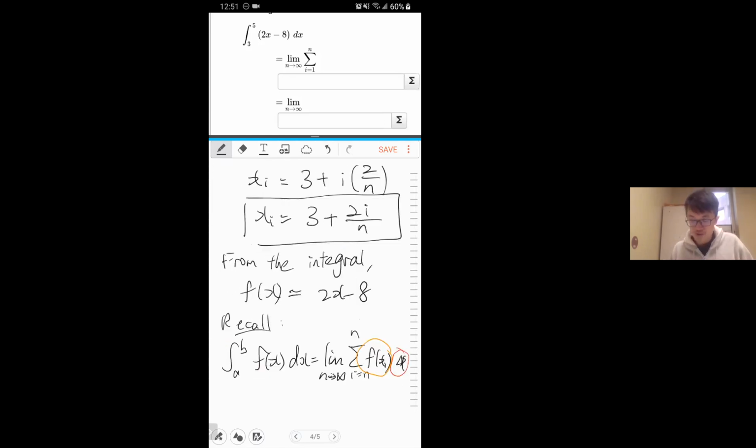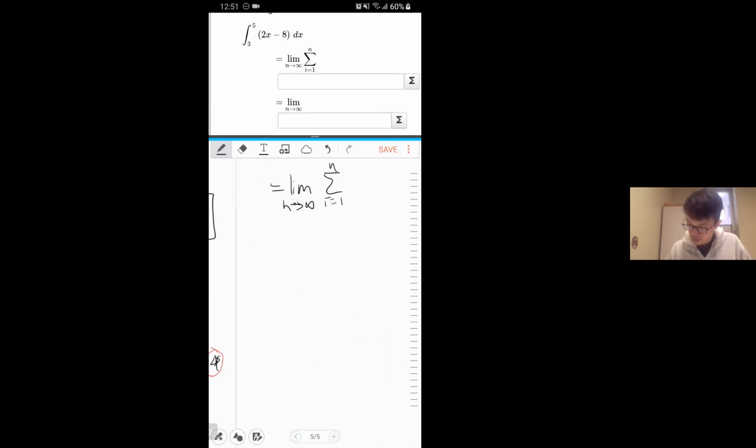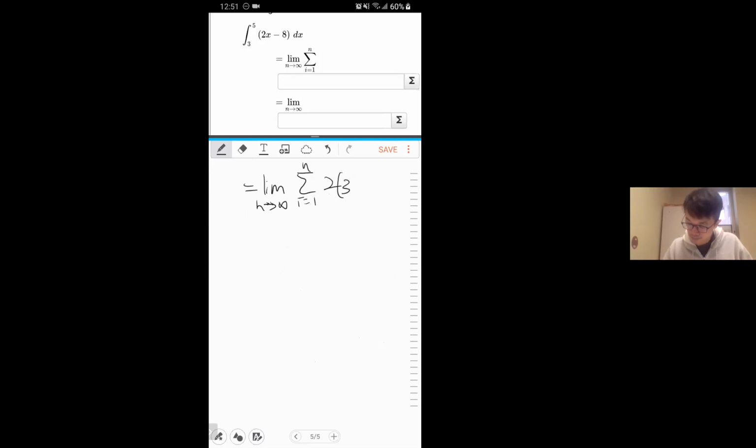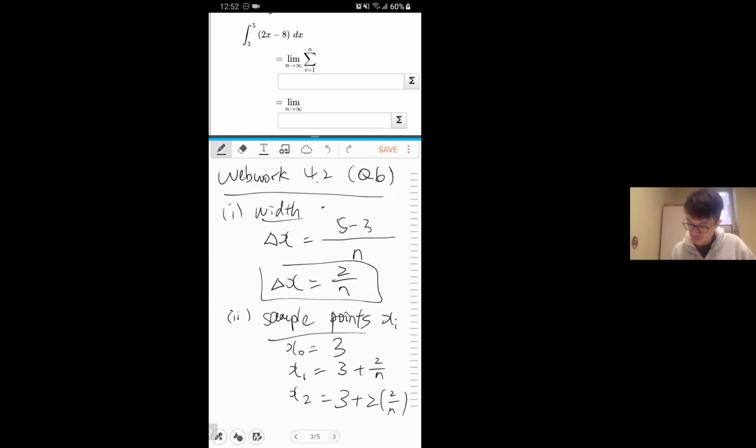F of x was 2x minus 8. That's what you have here. F of xi would be just plugging the xi into your function. So you get 2 times your xi, which is 3 plus 2i over n. You also need to multiply by delta x, but delta x is 2 over n.